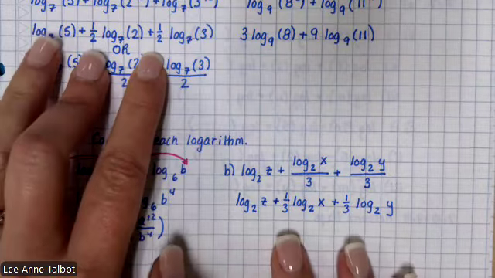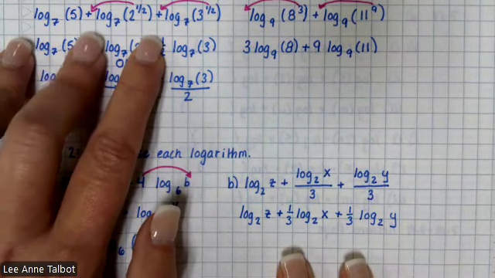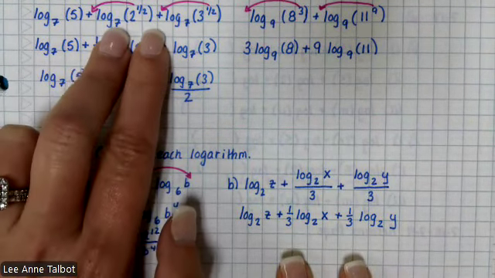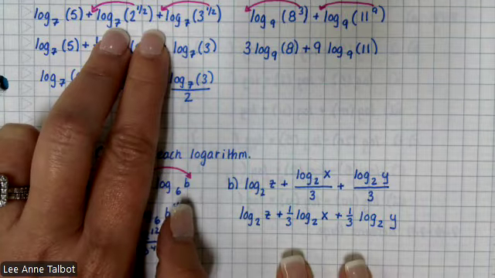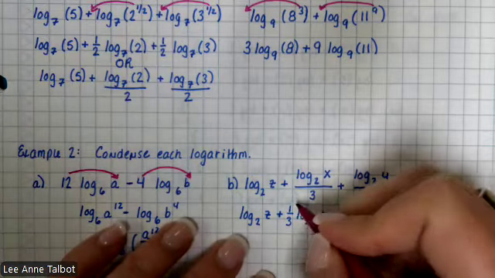Okay, so I'm right here. Now I'm going to go back to here. How do I get from here to here? Put the exponents back.